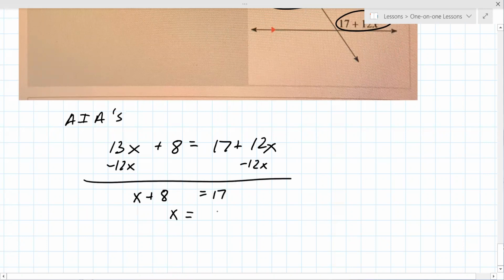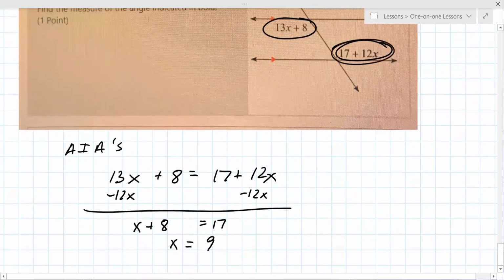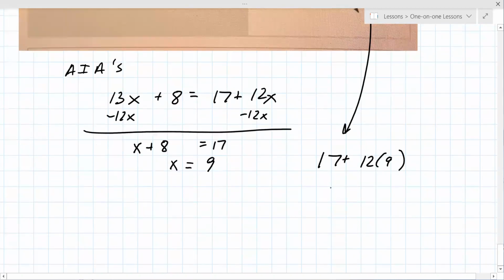Subtract 8, so x equals 9. But again, that's not what they're looking for. They want the bolded angle, which I guess is this one. So we're going to bring that down here. We want 17 plus 12 times 9. So 17 plus 108, so that's 135 degrees.